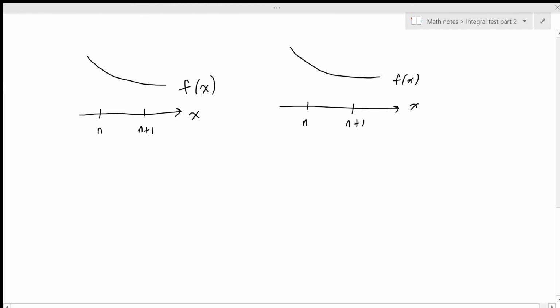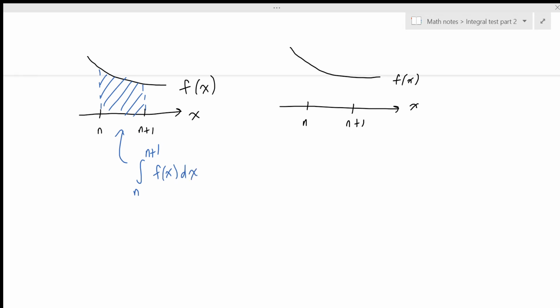So on the left-hand side, we'll look at the total area under this curve between n and n plus 1. So this blue region shown here. And we can calculate the area of this region using an integral. It's just equal to the integral from n to n plus 1 of f of x.